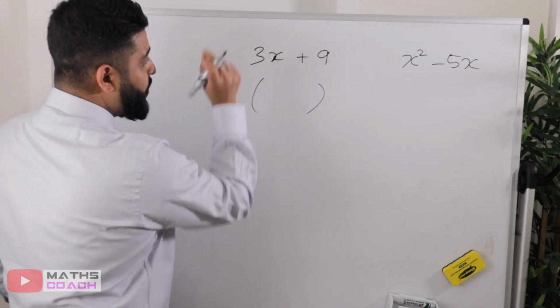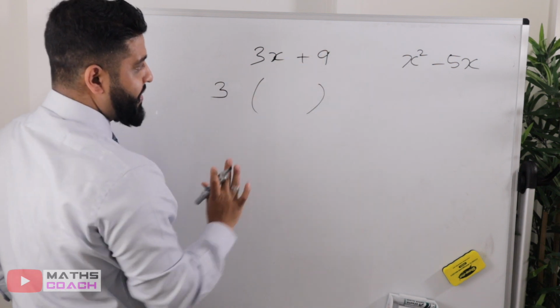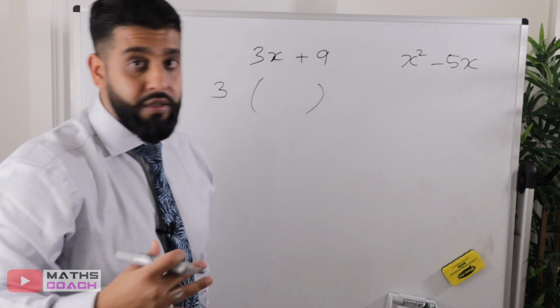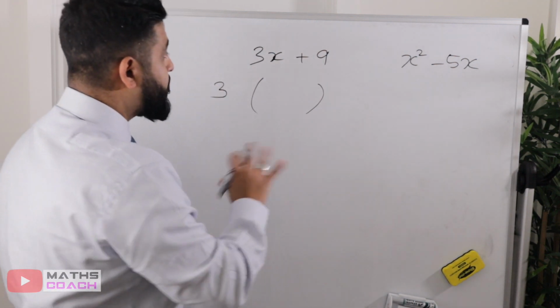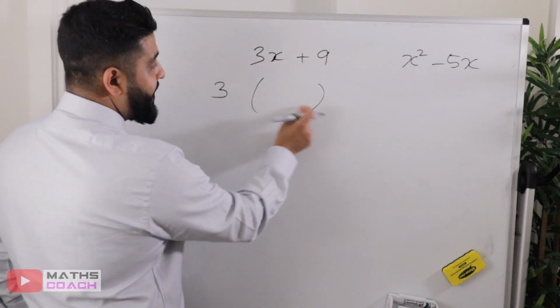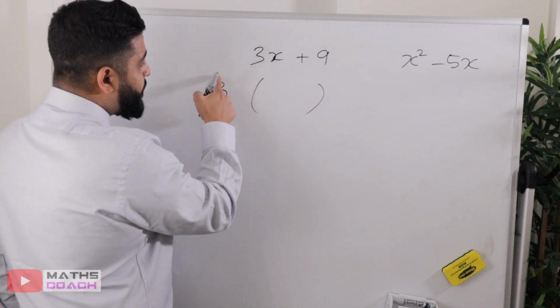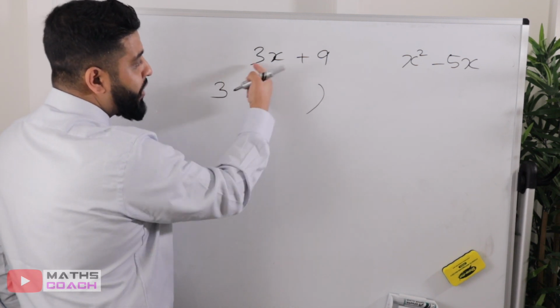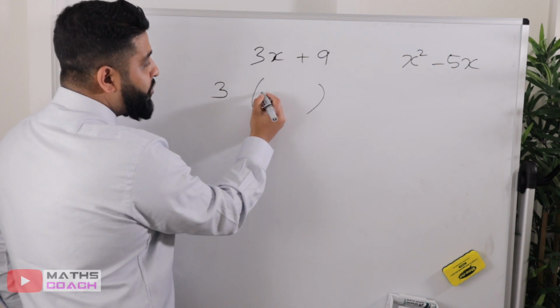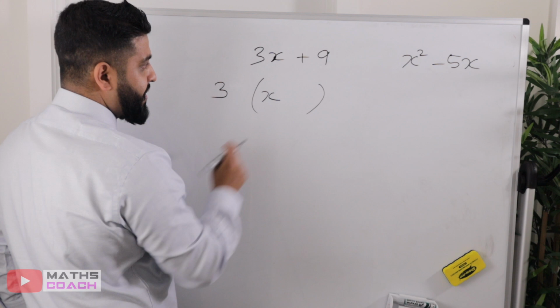So now we look at the variable. Now this one has an x and this one has nothing. So they have no variable that is common between them, okay? So we can't take a variable outside the bracket. Now we'll begin to write down what needs to go inside that bracket, okay? Now we want to do 3 times something here to give us 3x. So if we write down an x, 3 times x gives us 3x.